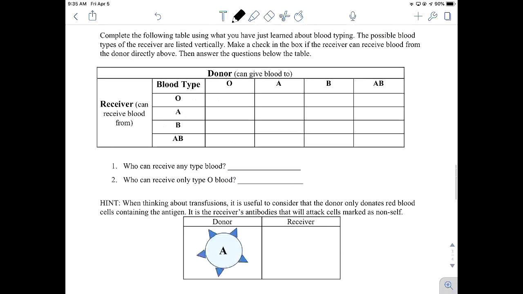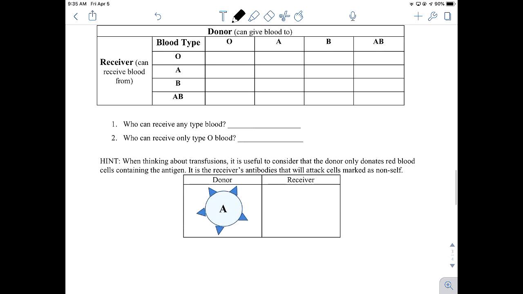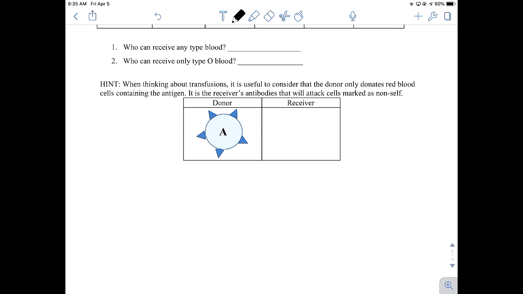All right, so here we go. Here is the table you can complete, identical to the one that we just did, so I'm going to leave that to you. When we think about transfusions, it's useful to consider the donor only donates red blood cells that contain the antigen. It is the receiver's antibodies that will attack the cell marked as non-cell. I just left a big blank.